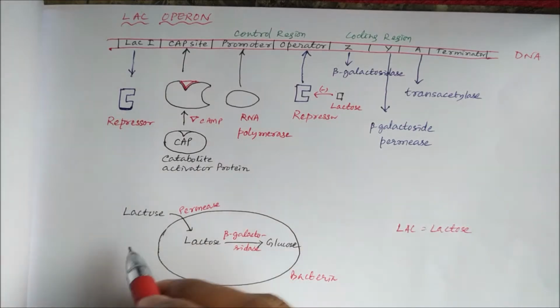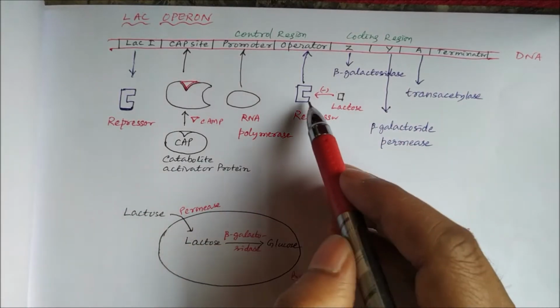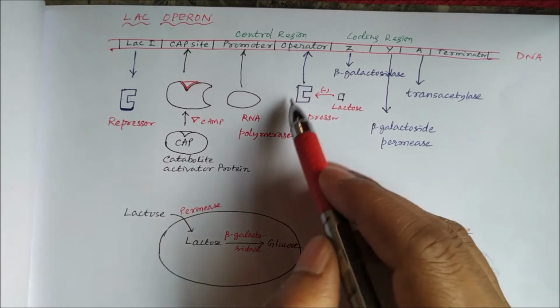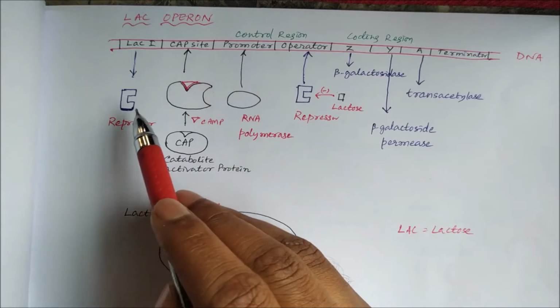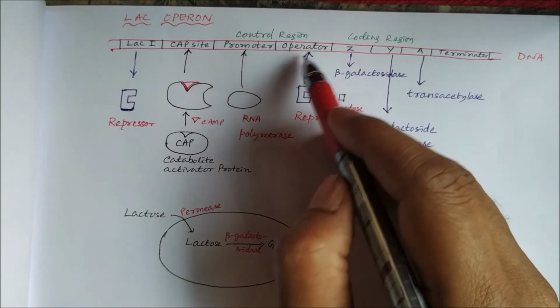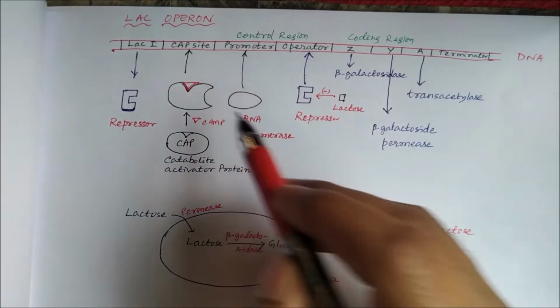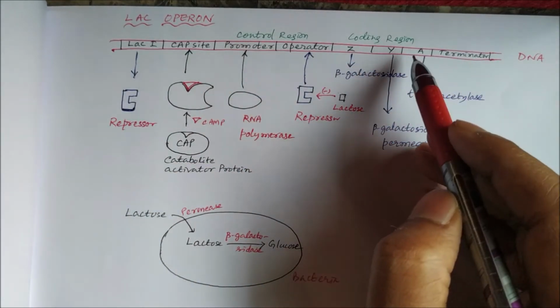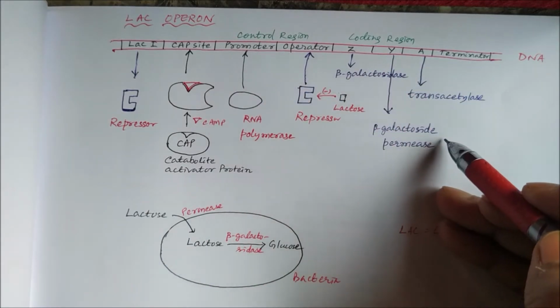When all the lactose is depleted, there will be no more lactose. The repressor protein becomes free and can again bind to the operator, and there will be inhibition of RNA polymerase action, so there will be no gene transcription.